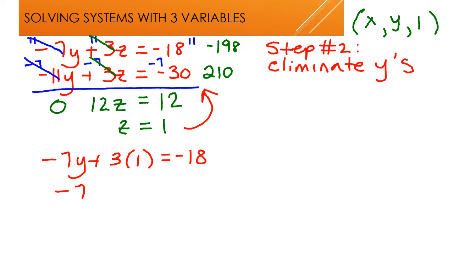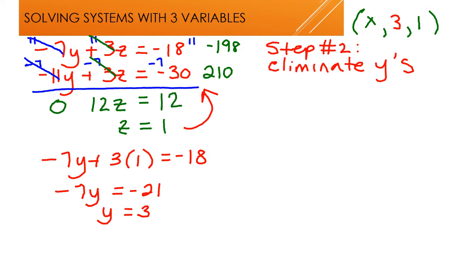So -7y, if I subtract 3 over, I get -21, so y equals 3. So now I'm going to put 3 into my answer here.